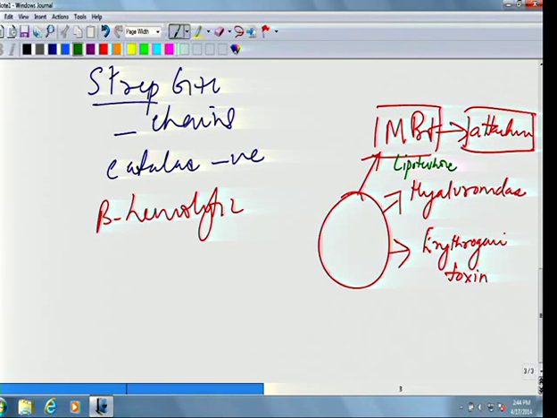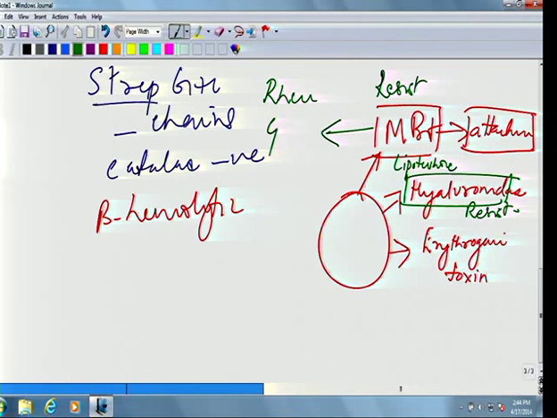Before that, resistance to phagocytosis. Does it resist phagocytosis? Yes, it uses M protein to resist phagocytosis. The disease association of M protein is with rheumatic fever and glomerulonephritis. These are both post-streptococcal infections.